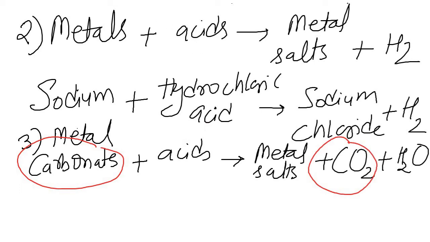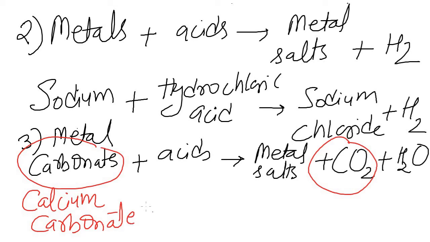So let's take an example now. Suppose you have calcium carbonate. At this point of time, you're not supposed to know the formulas, but you should know the names. So calcium carbonate plus acid. I'm taking nitric acid now.